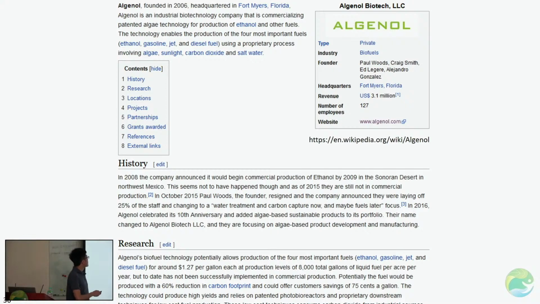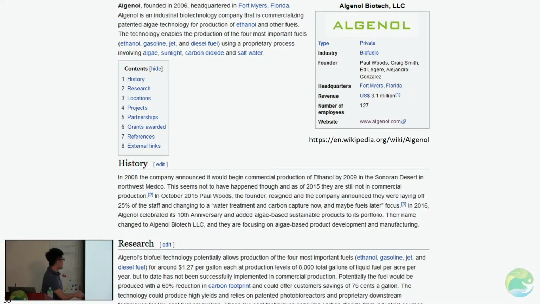I take this company as an example. It's an algal company in the US. Their goal at the beginning was to make bioethanol as a biofuel using cyanobacteria.